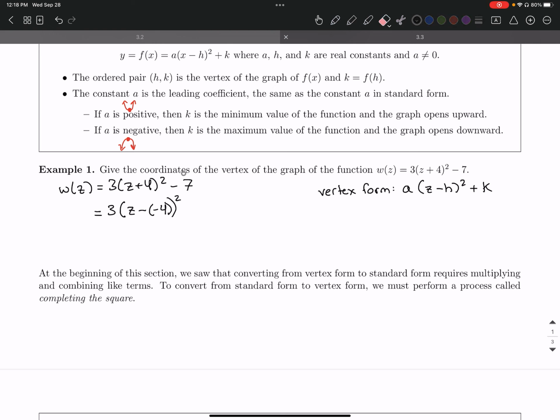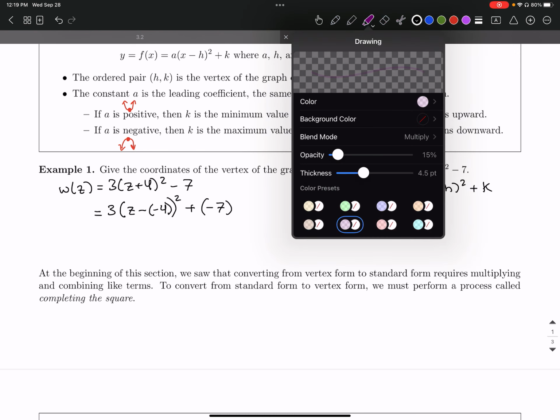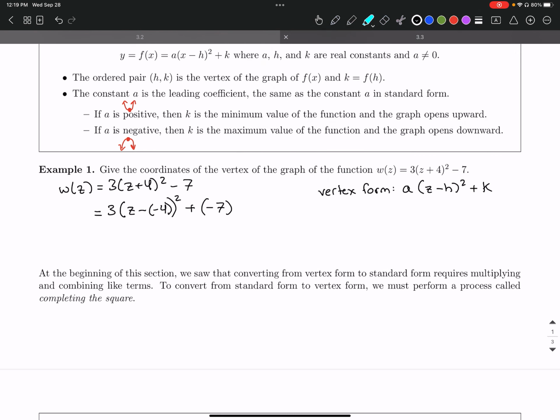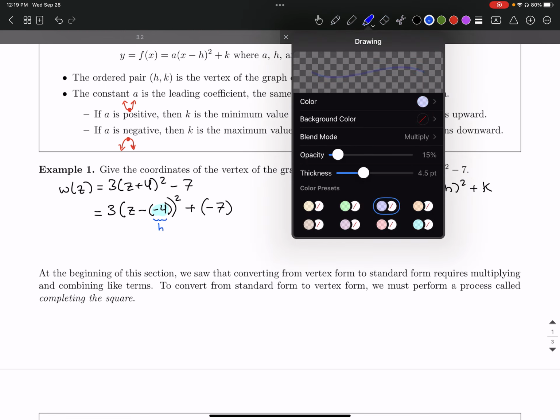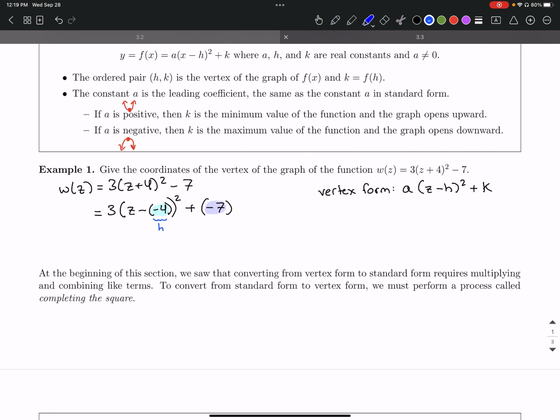Similarly, subtracting off 7 on the end would be the same thing as adding negative 7, because when you add a negative, you're really subtracting. This helps me out because I can now see the number I'm subtracting from z happens to be negative 4, and that's what's playing the role of h, whereas the number that I am adding on the end is negative 7, and that ends up being my k.